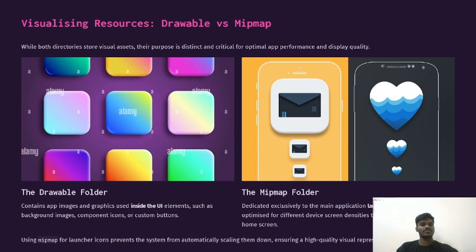Using the mipmap folder ensures that the icon looks sharp on every device because it automatically adjusts for different screen sizes. This is the main difference between the drawable folder and the mipmap folder.